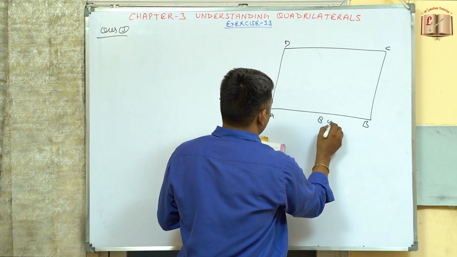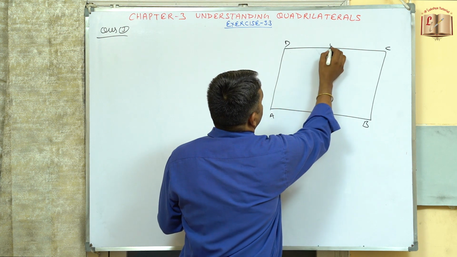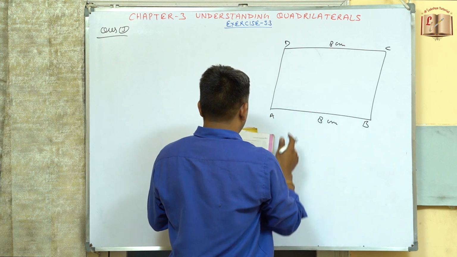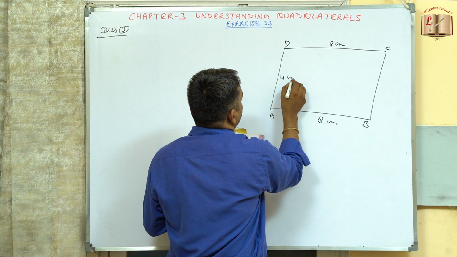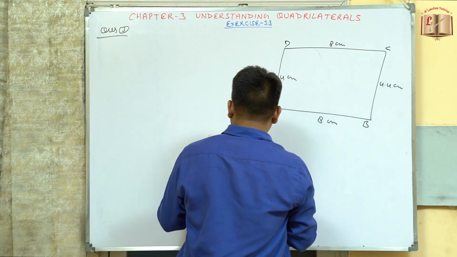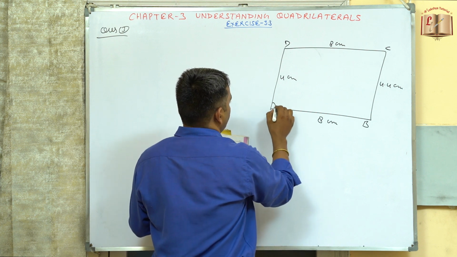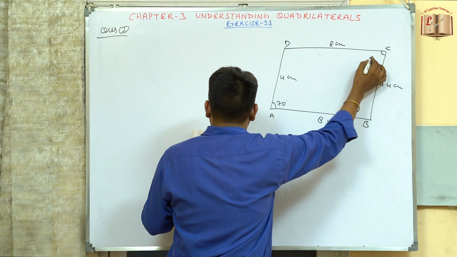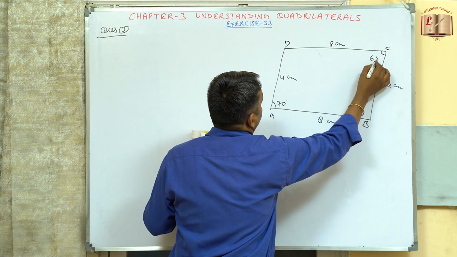AB is 8 centimeter and DC is 8 centimeter. So opposite sides are equal, and AD is 4 centimeter and this is 4.4 centimeter. And angle A is 70 degree given to us, and angle C is 65 degree given to us.